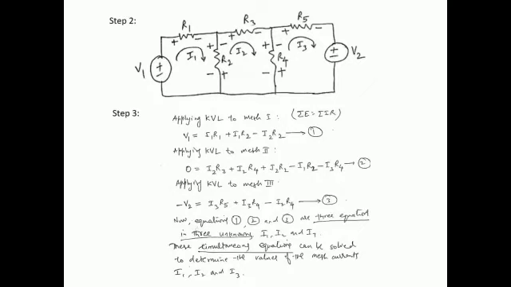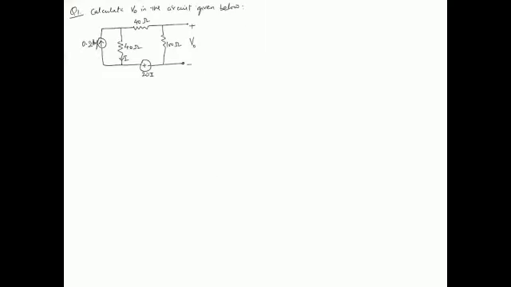Now we will do one numerical to further improve our understanding of the mesh current method. As you can see in the question, we need to calculate the value of V naught in the circuit shown on the screen.